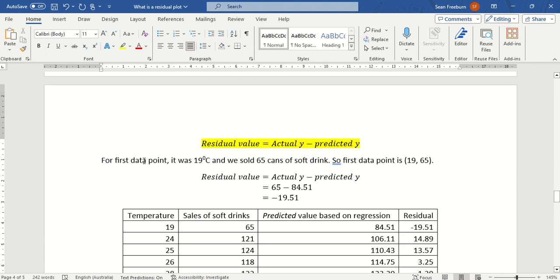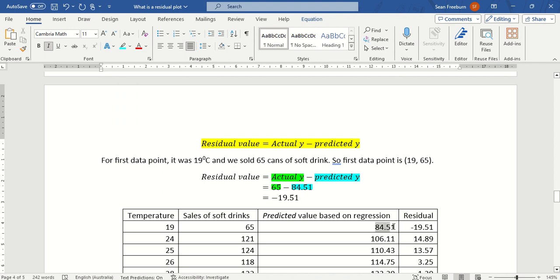So for me, my first data point, it was 19 degrees Celsius and we sold 65 cans of soft drink. So the first data point is 19, 65. The residual value is my actual y, which in this instance is 65, minus my predicted y, which in this instance is 84.51.